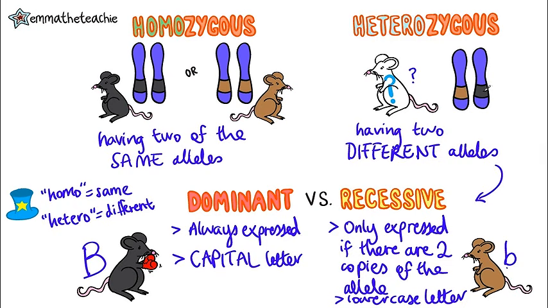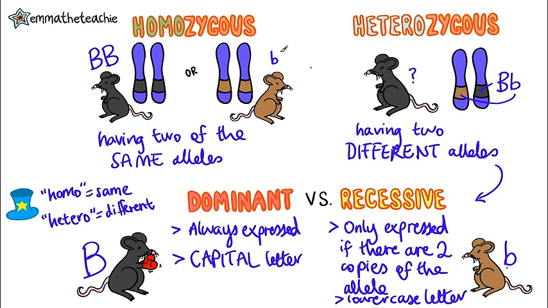So let's look at the genotype of this mouse. It's got the big B for the black fur, and then it has a little b for the brown fur. Note that the capital always goes first. Since the dominant allele is for black fur, the mouse will have a phenotype of black fur. If we look over here, we can practice our genotypes. This mouse has two dominant alleles, so we write it as big B, big B, and the phenotype is black fur.